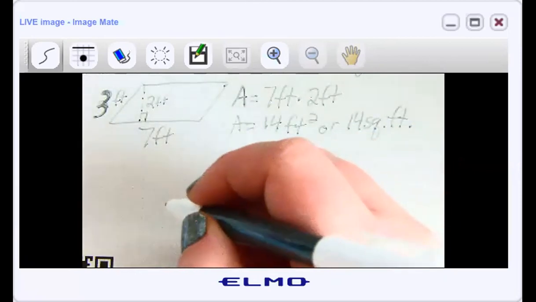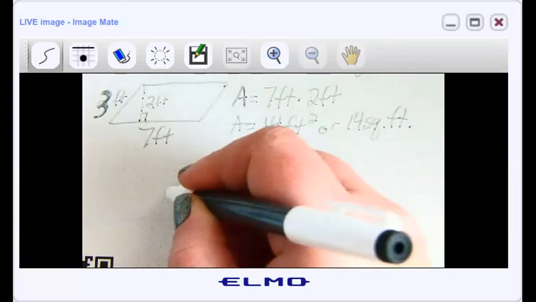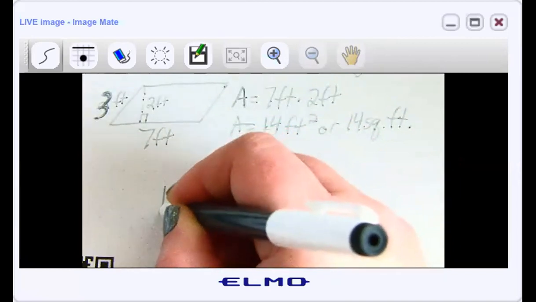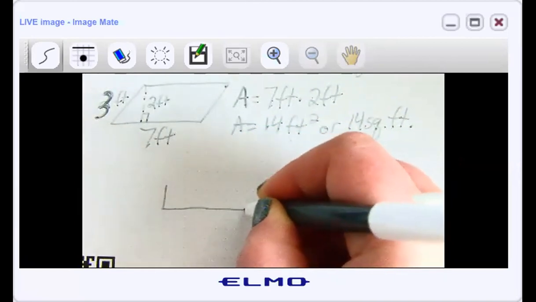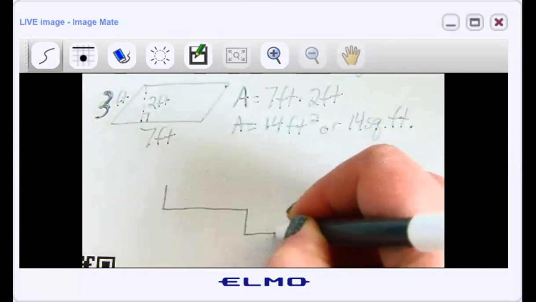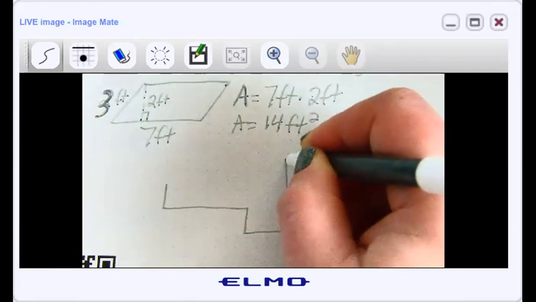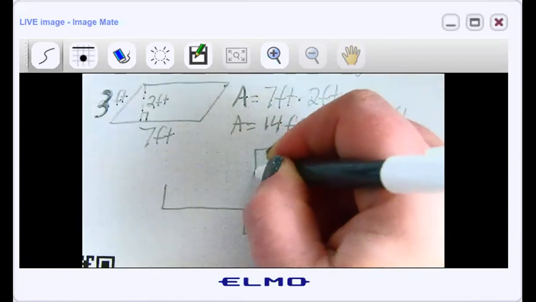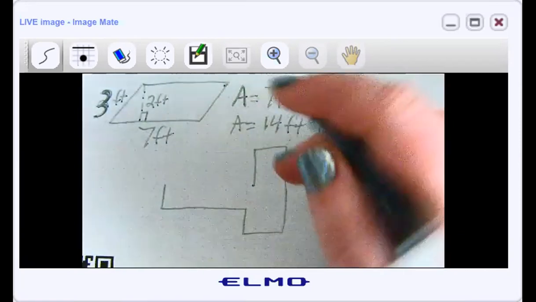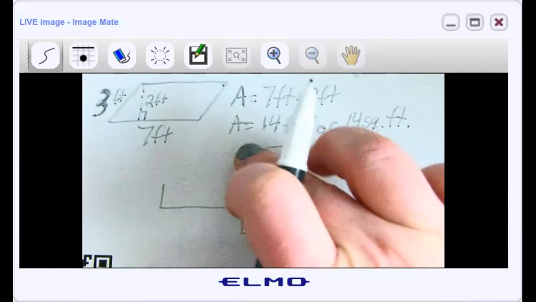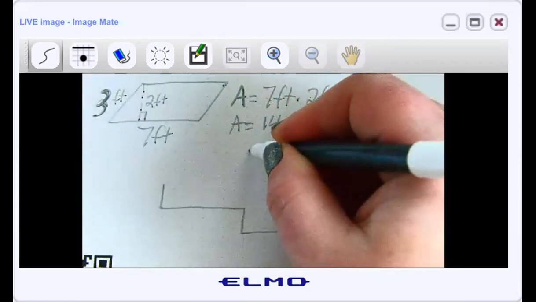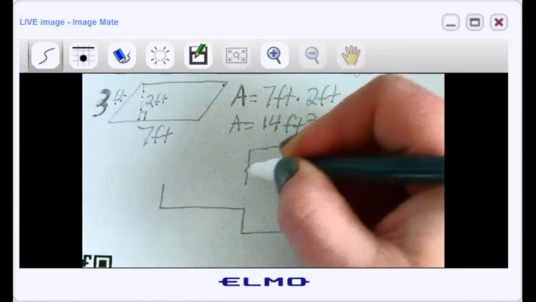So the last thing I want to talk about is surface area. And I'm going to draw you a shape. Let's see how I want to do this. Oh, I did not do that how I wanted. Sorry, let's go for that.